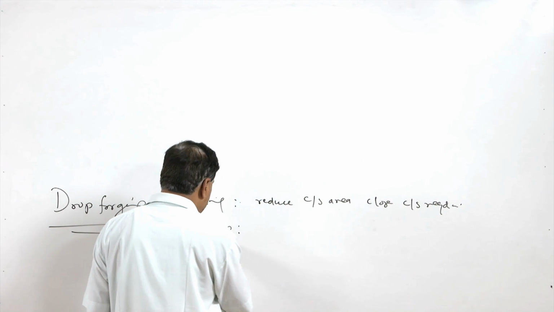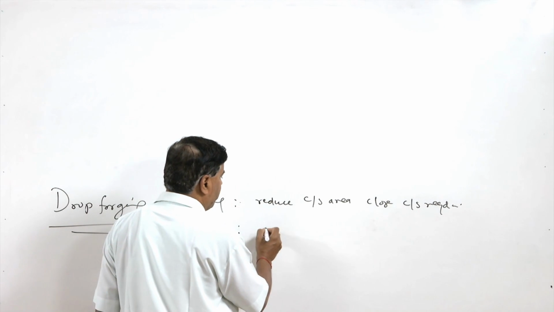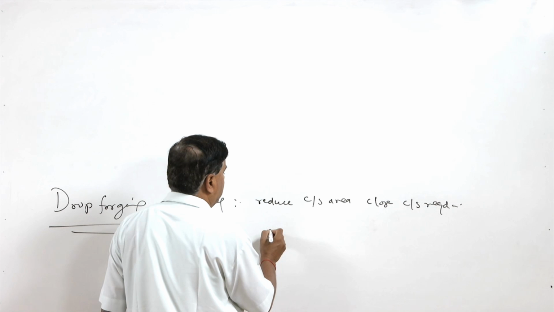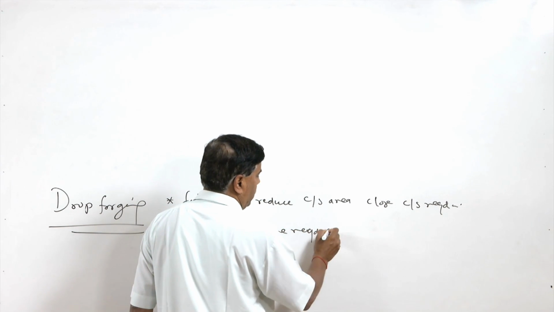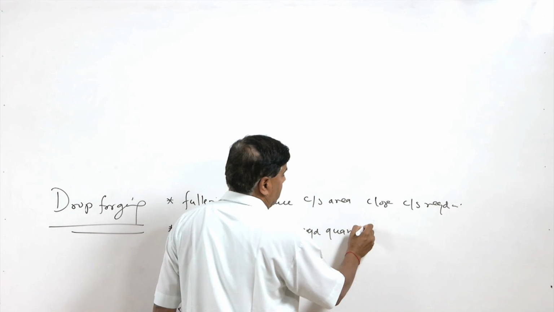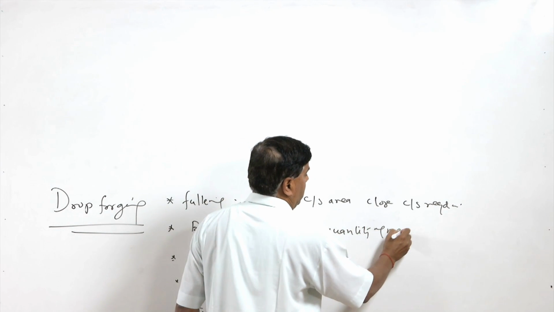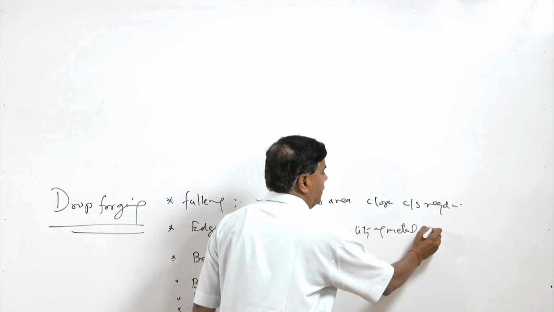The second, edging, is used to have the required quantity of the metal in the product.